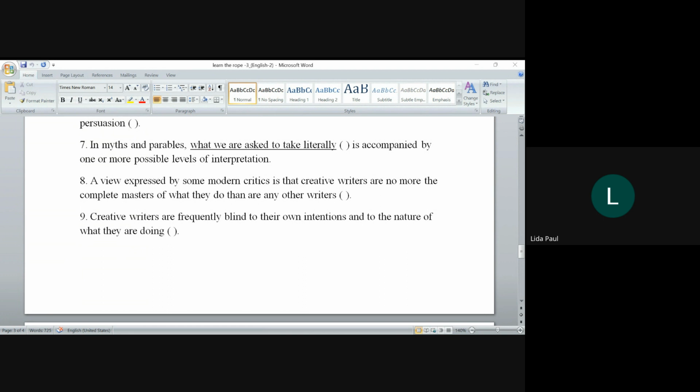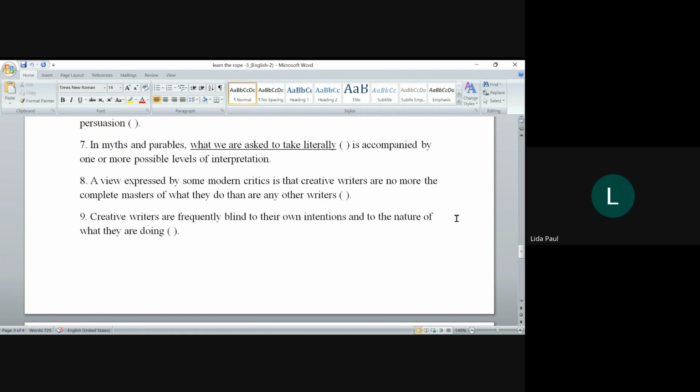So a view expressed by some modern critic is dash. Can you replace it with a noun? Correct. So then what is it? Noun clause, right? So noun clause.